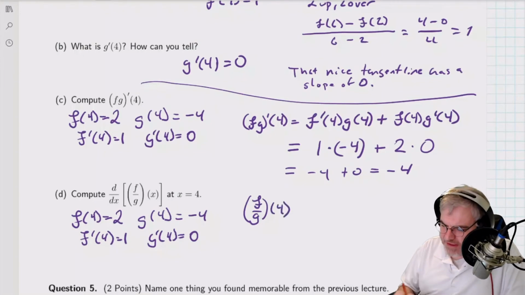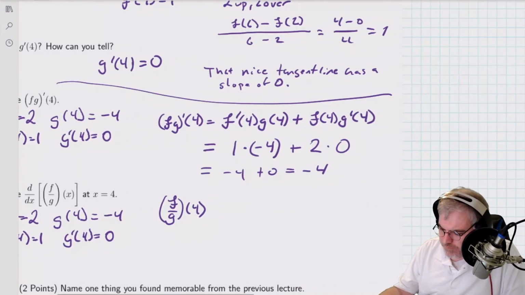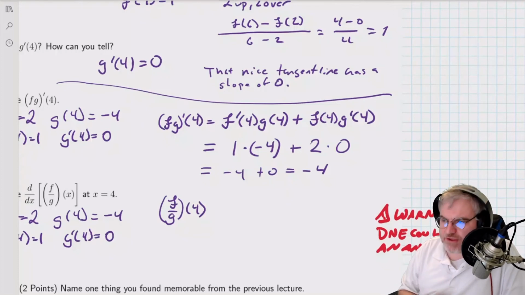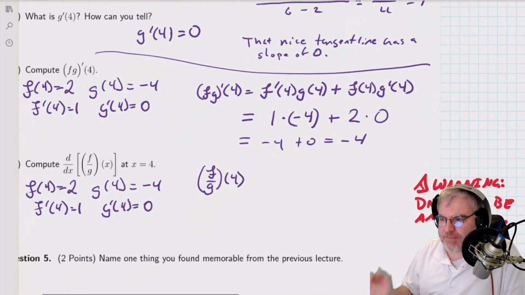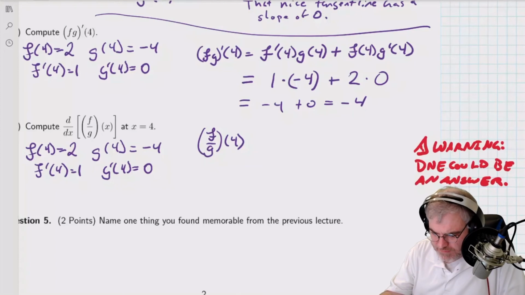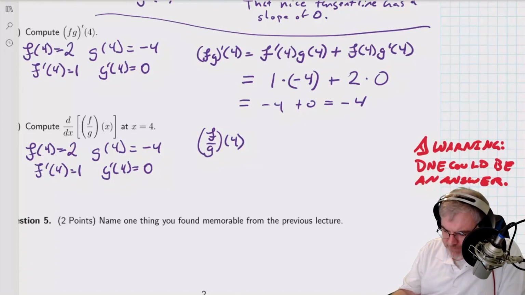Now, warning, D and E could be an answer to one of these questions. I would never do that to you, but just keep in the back of your mind that sometimes D and E is a valid answer for these types of questions, especially with the quotient rules in play.